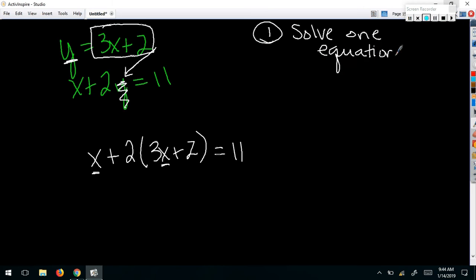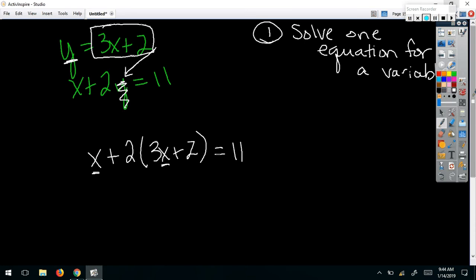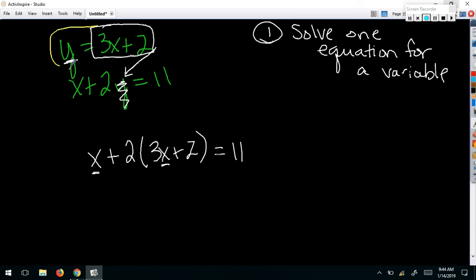I'm putting some steps over here because sometimes that helps. My first step is to look at the two equations and get one of them to have one variable by itself. In this case, it was already done for me with this first equation. It doesn't matter which variable you get by itself, whichever one's easier.